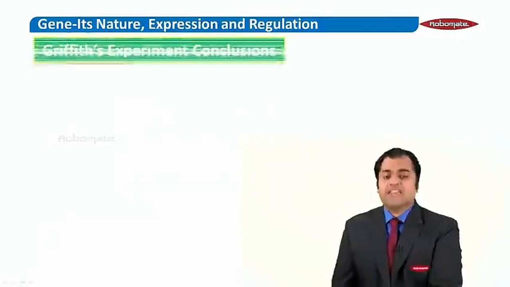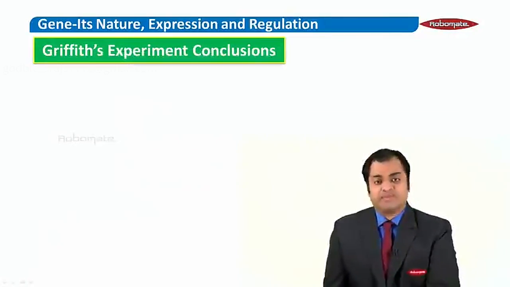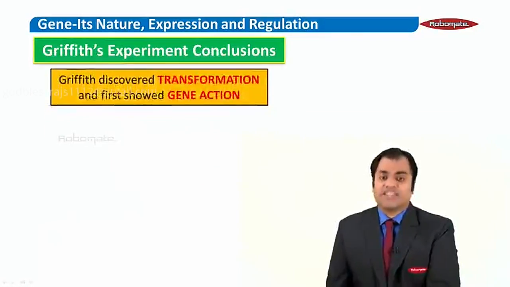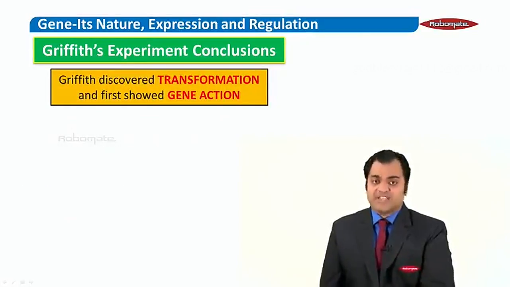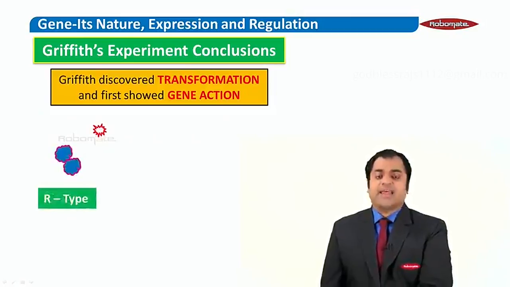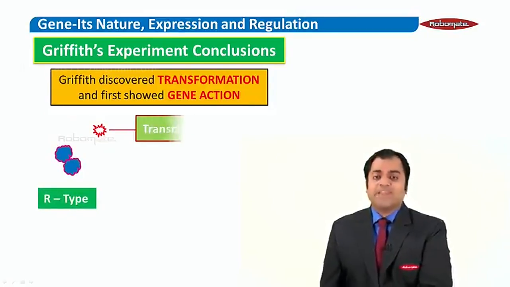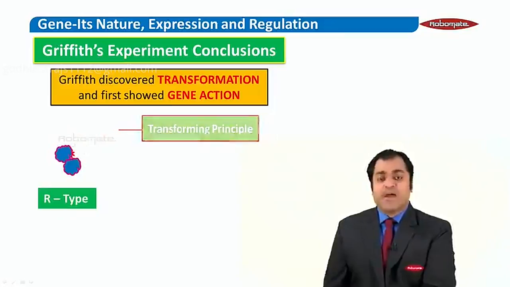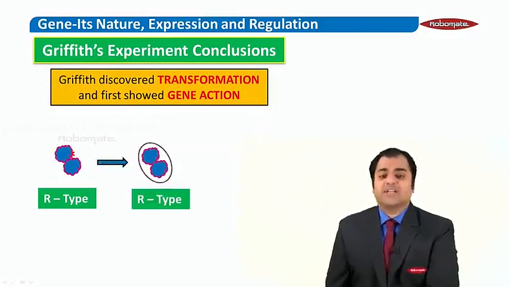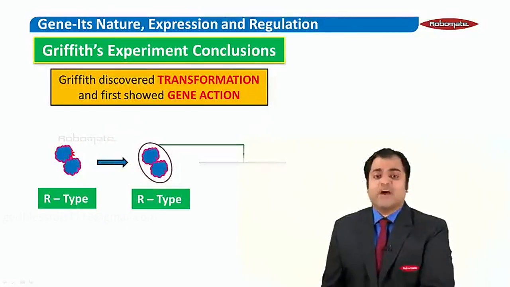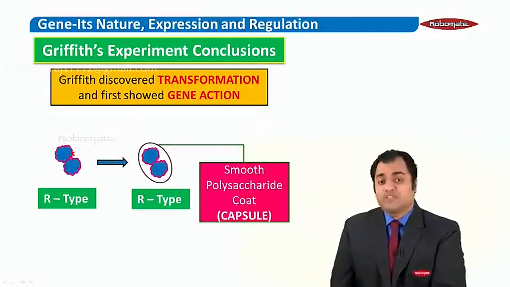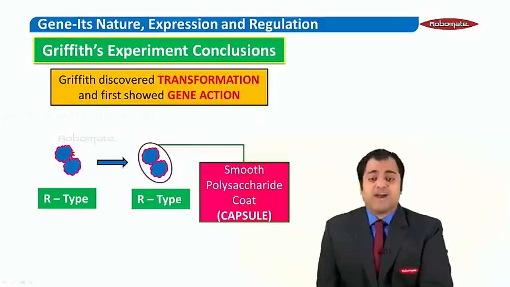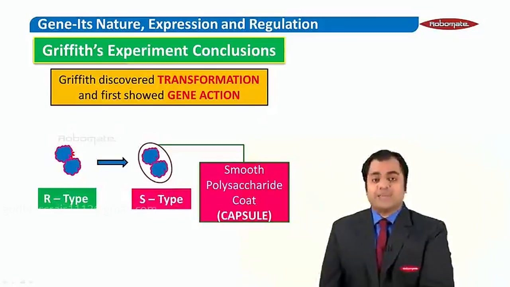Okay, so let us see the final conclusions of Griffith's experiment. Now, according to Griffith, or you can say Griffith discovered transformation and he first showed gene action. He also said that the R-type bacteria will basically take the transforming principle from outside and it will get converted to a particular bacteria which can develop a smooth polysaccharide coat around it, which is also called a capsule, which means the R-type now turned into the S-type and it became virulent and caused pneumonia.